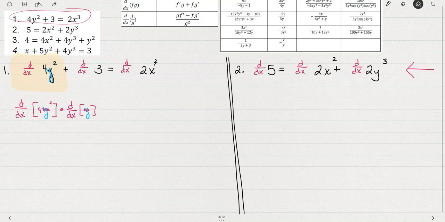Let me erase that and go back one more time to walk through that. When we do the derivative with respect to x of a term that has a y, we're going to do the derivative of the outside function. So in this case, the outside function is the 4 times y squared, the 4 times blop squared.